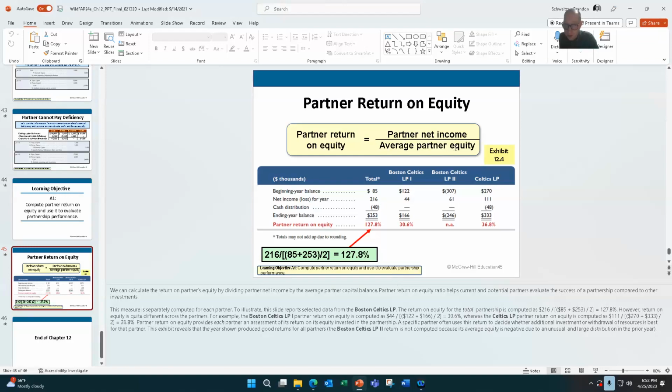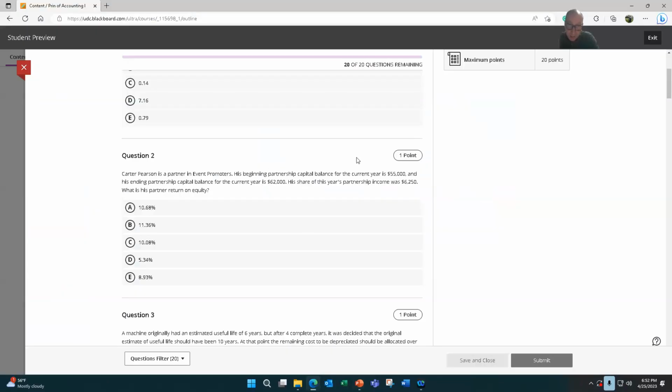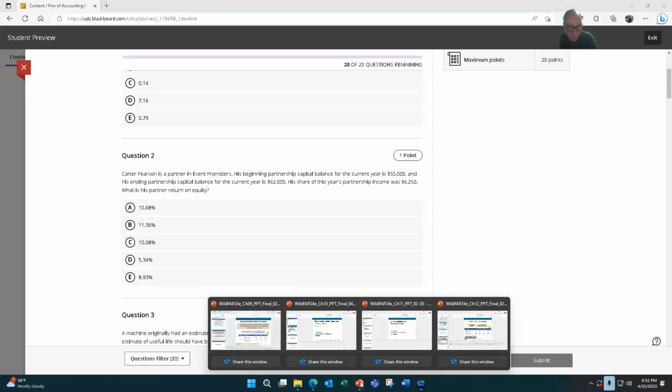Remember that word average. How do I find average partner equity? It's the beginning balance plus the ending balance divided by 2. So for the average partner equity, I take the beginning balance, 55,000, plus the ending balance, 62,000. Divide that by 2. And then you'll be able to answer this question. Sound good? We all understand this, right? Question 2 comes from chapter 12.